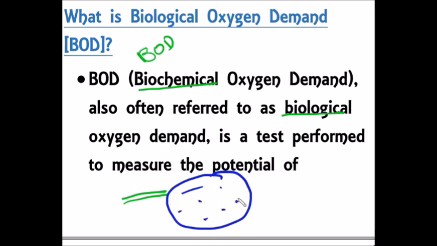Consider this blue as a receiving water body. What is the impact of the surface runoff water on the receiving water body? It is measured with the help of biological oxygen demand.